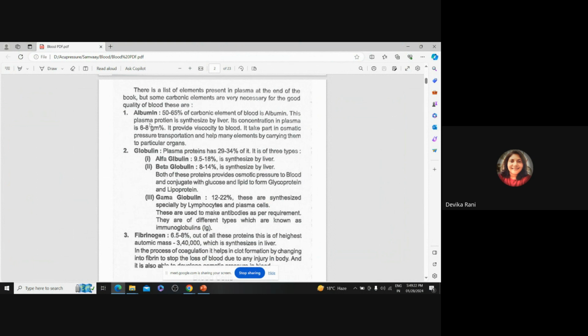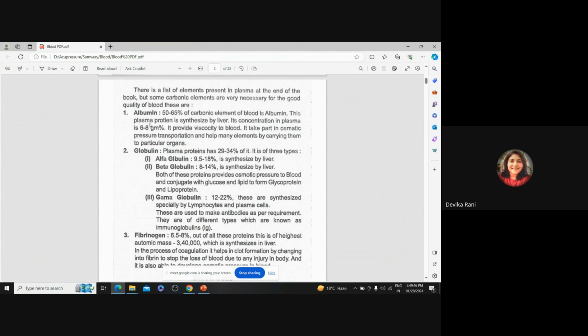Now, if blood does not have a certain level of thickness, what will happen? Fluid will start collecting in the lungs and various other places, and with that speed it will just burst through the cell membrane. It can damage the cells. So for that, it requires a certain amount of thickness.